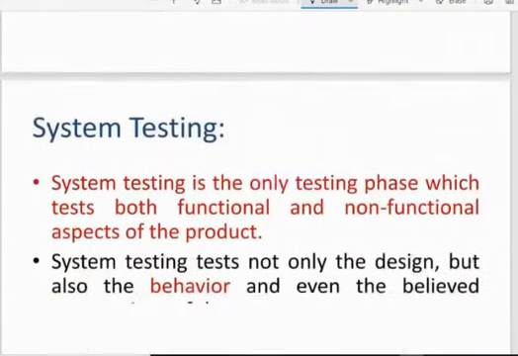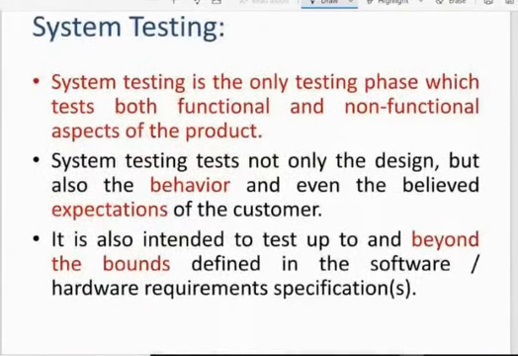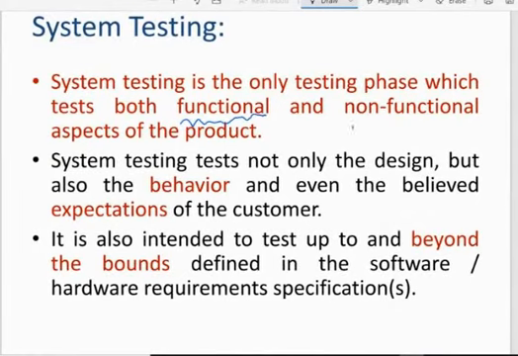In system testing, your system testing is the only testing phase which tests both the functional and the non-functional aspects of your product. This is the only testing phase where I am focusing on both the functional and non-functional aspects.